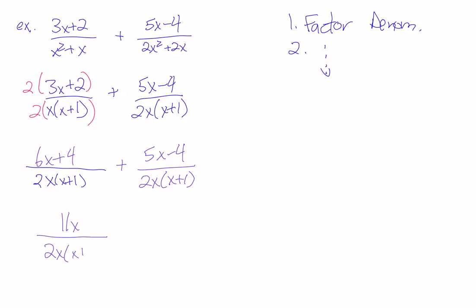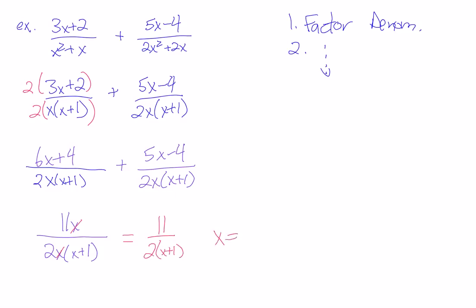And we have 2x times x plus 1 on the bottom. We're done combining them, so now the last step is, can we do any simplifying? Once again, we have an x that's the same top and bottom. We can actually cancel those out. So our final answer would be just 11 over 2 times x plus 1.